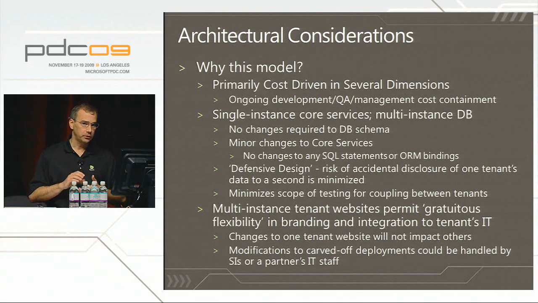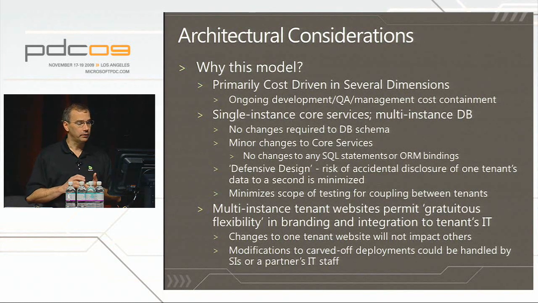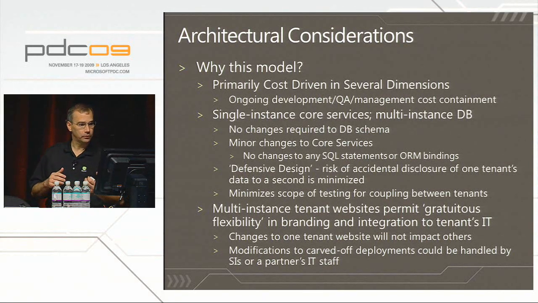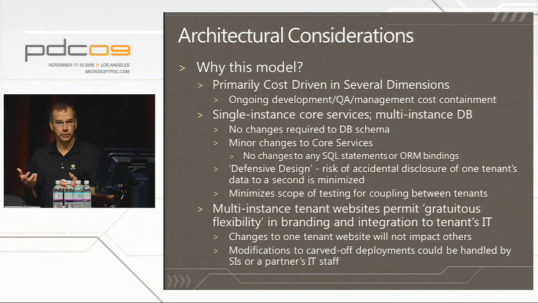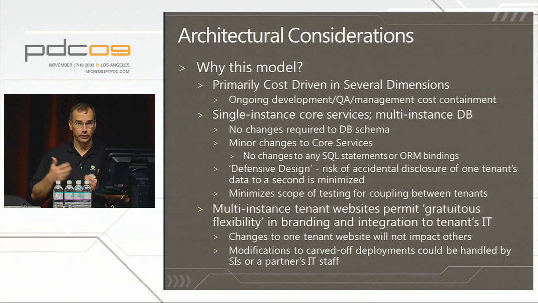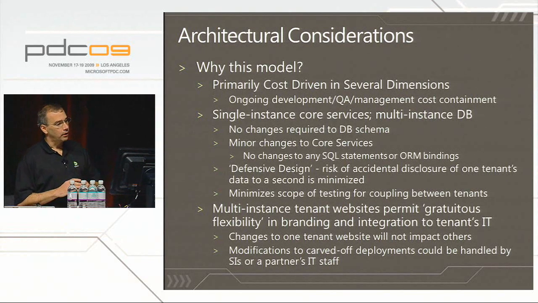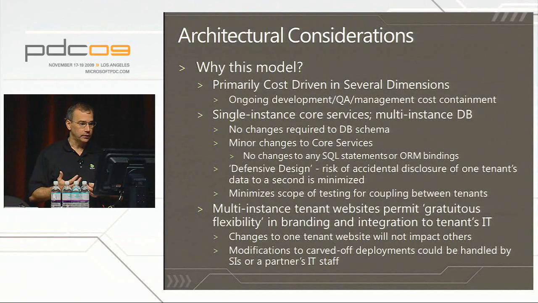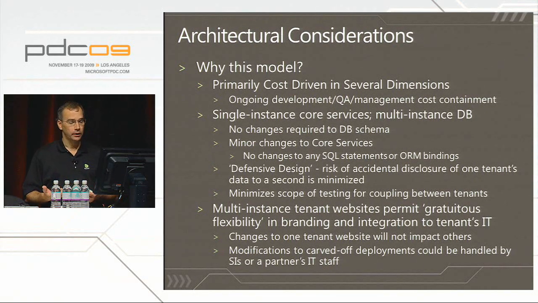Only minor changes to our core services were required, and importantly, no changes to any of the SQL statements or ORM bindings. It's a defensive design in that the risk of accidental disclosure of one tenant's data to a second tenant is very minimized in this design. They're logically separated. They're in different databases. And because of that defensive design, we really get to minimize the scope of testing for coupling between tenants. So it keeps our QA effort down as well.